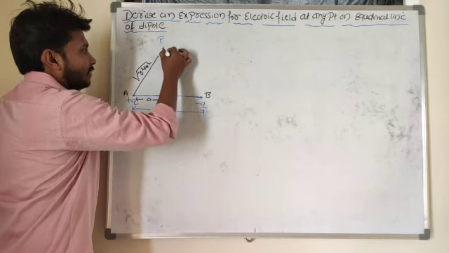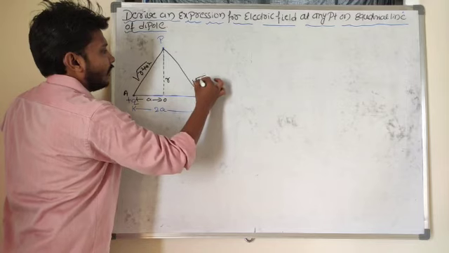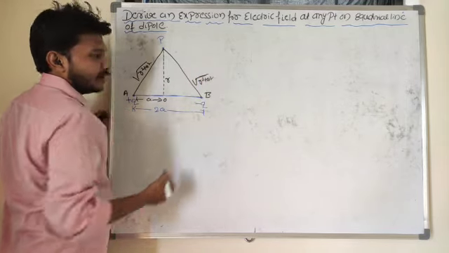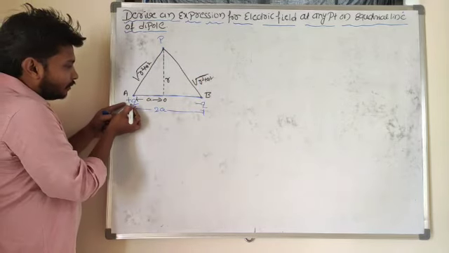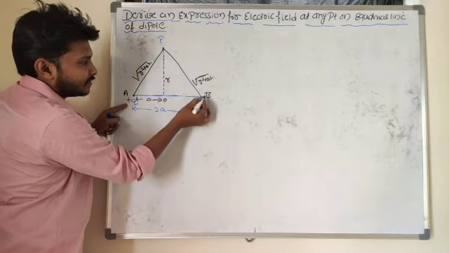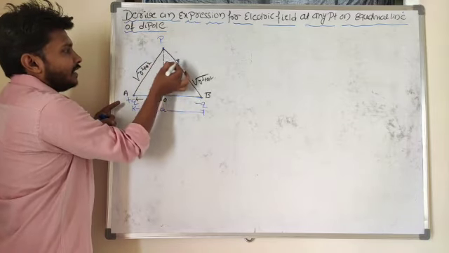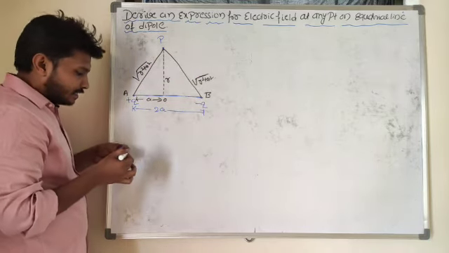Similarly, this is also square root of r square plus a square. Distance from the positive charge to the point of observation is square root of r square plus a square. Distance from the negative charge to point P is also square root of r square plus a square.